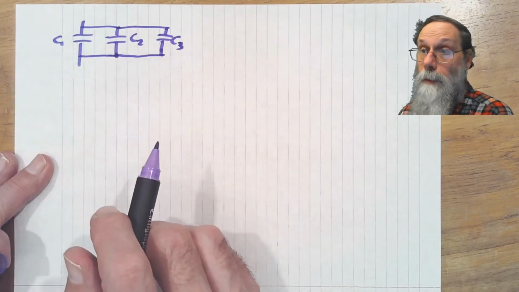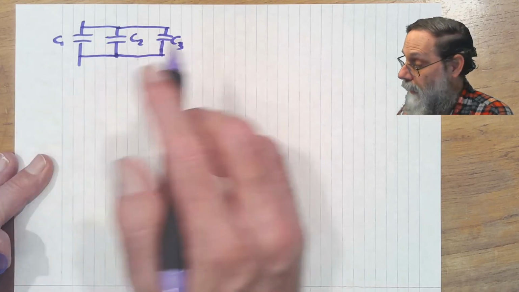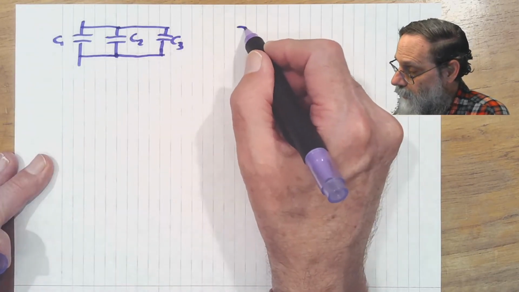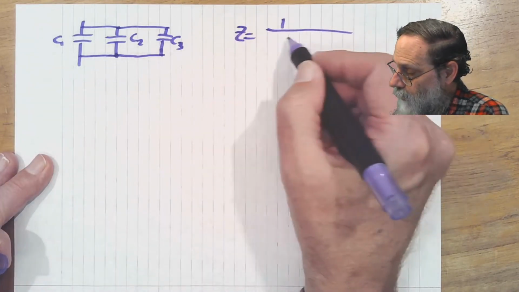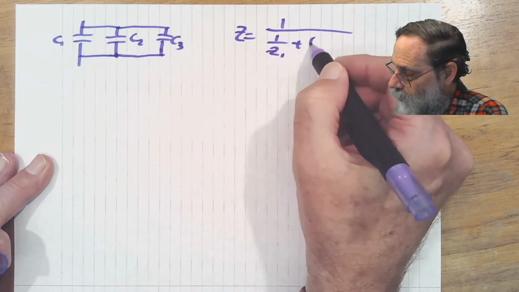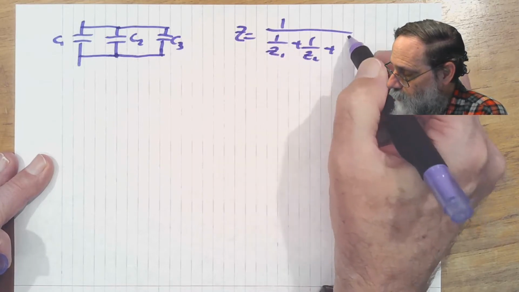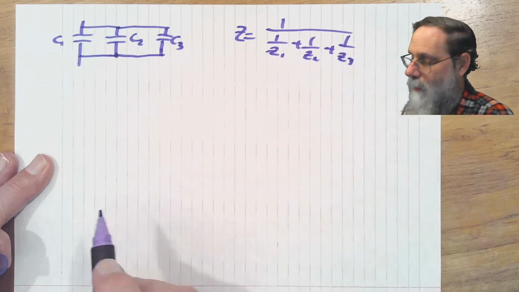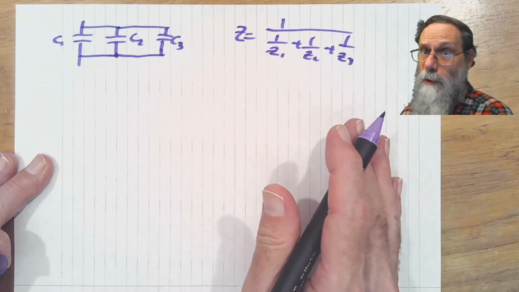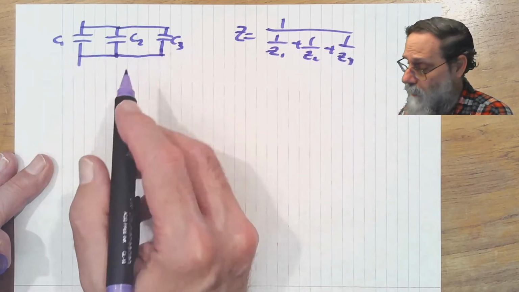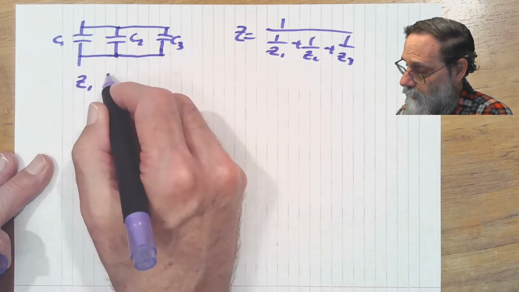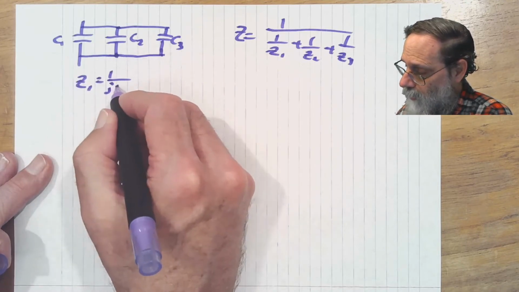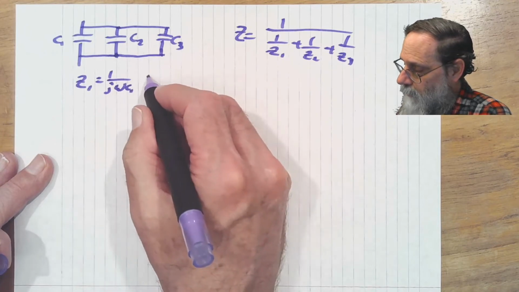What is the formula for impedances in parallel? Well, that was 1 over Z1 plus 1 over Z2 plus 1 over Z3. Well, what are Z1, Z2, and Z3? Well, that's the impedance of each of these capacitors. So Z1 is 1 over j omega C1.